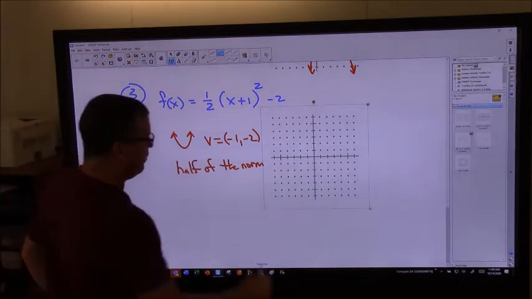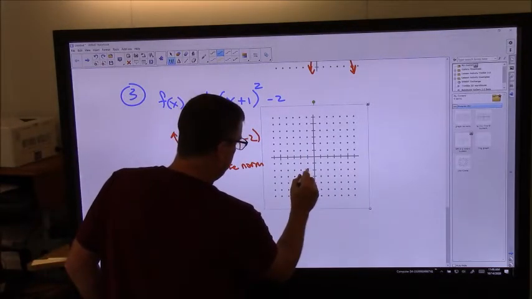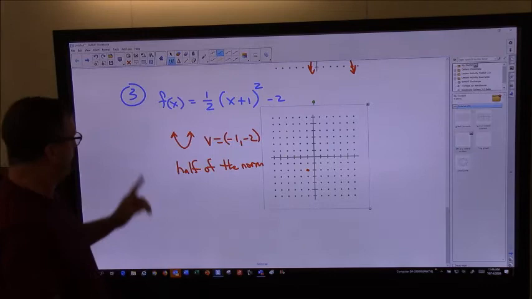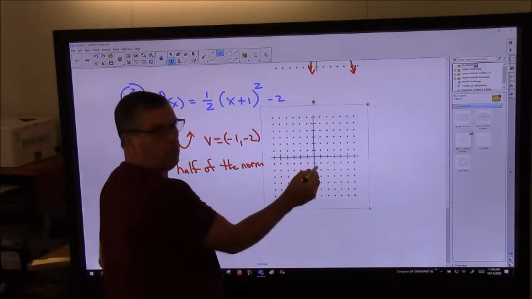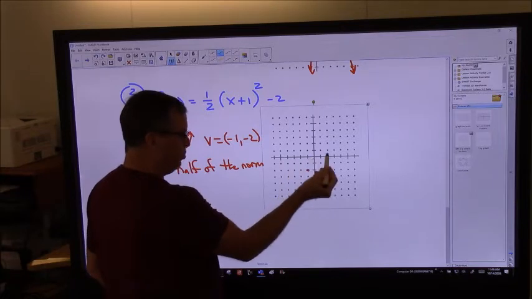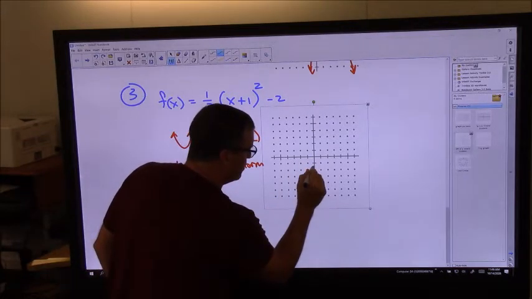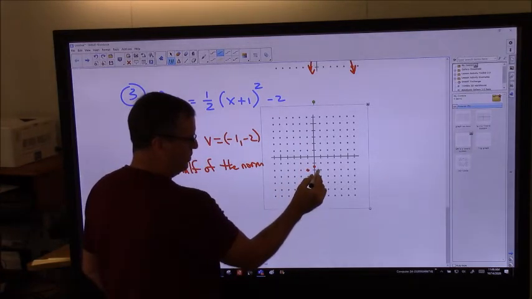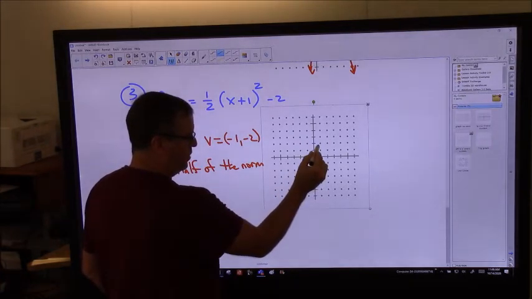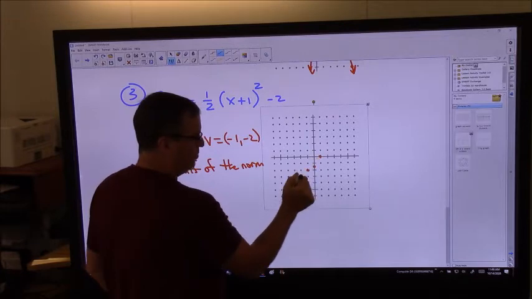And so -1, -2, there's my vertex. It opens up. So normally if I went 1 unit over, I'd go up 1 squared, which is 1, but I'm going to do half of that distance. If I go 2 units over, 2 squared is 4, but I'm going to do half as much, I'll only go up 2.